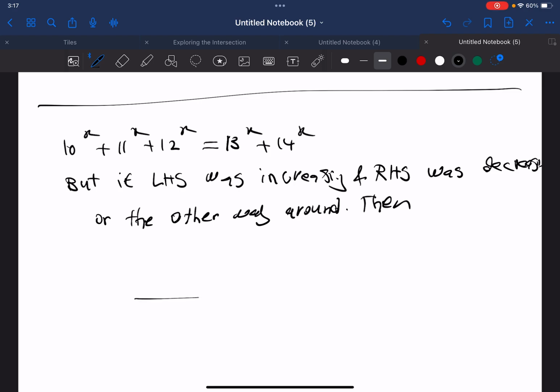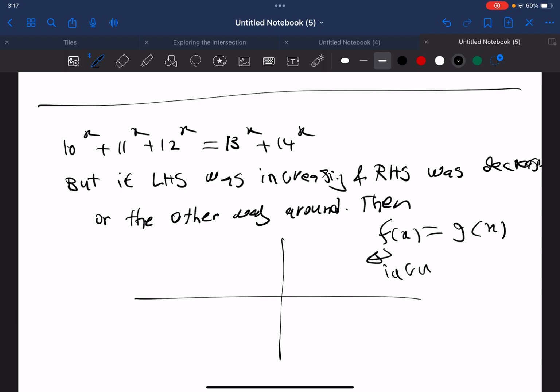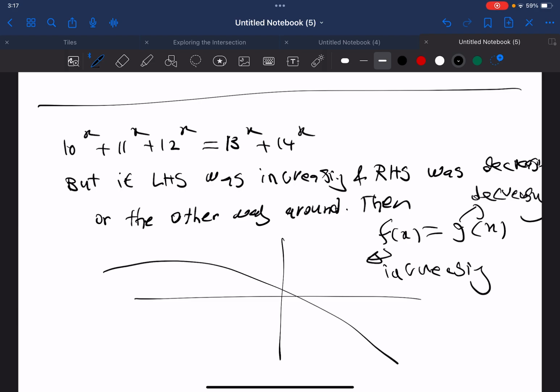And to see why, suppose that here I have f of x equal to g of x, and suppose that this is increasing and this is decreasing. Then there would be at most one solution to this equation, f of x equal to g of x.